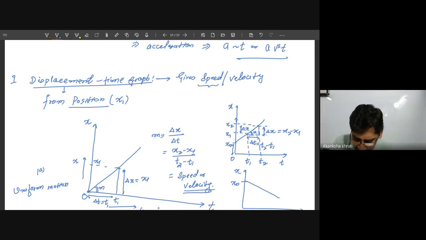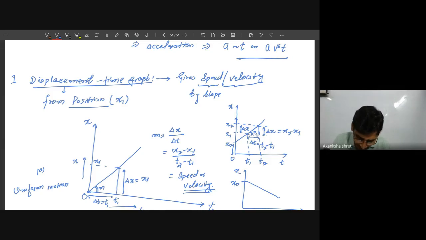How is this calculated? This speed or velocity is calculated by taking the slope. A particular time interval will be given. For that, what is the change in position? It means x2 minus x1 by t2 minus t1. That will give us the slope. That slope itself is the velocity or speed.